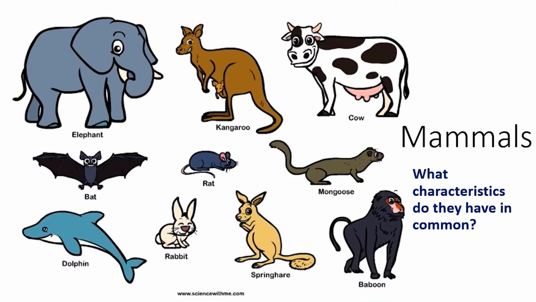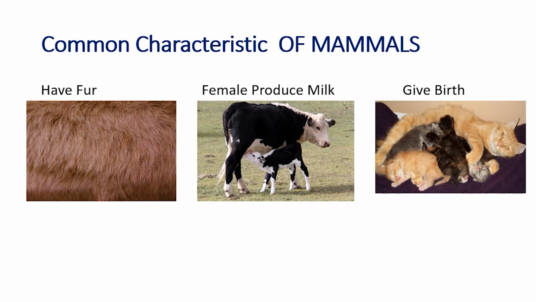First, a group of mammals. What are the same characteristics that they have in common? Take a look at the animal examples that I put here. Can you see what similarities they have with each other? Here are the similarities that they share. Most mammals have fur atau rambut.